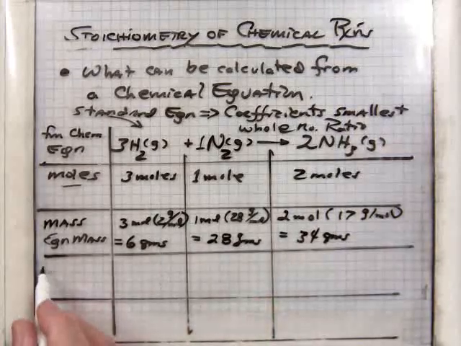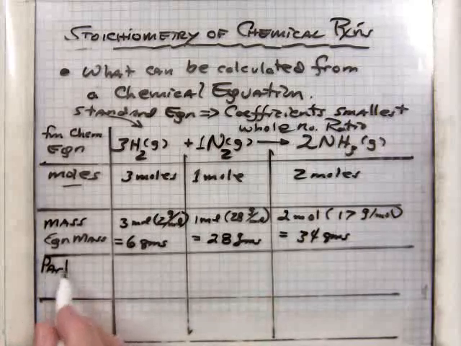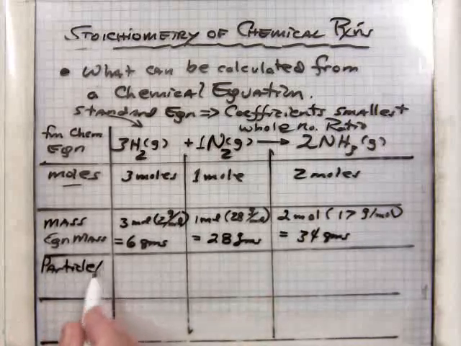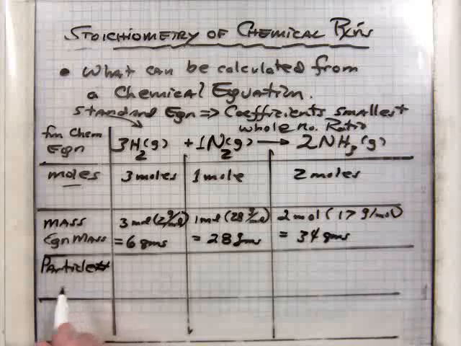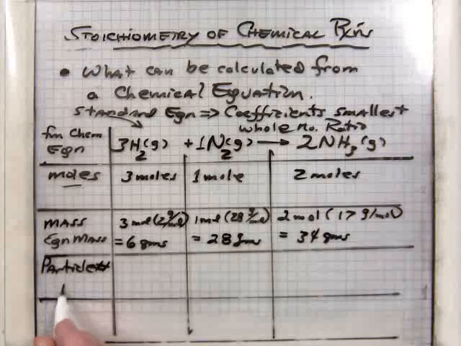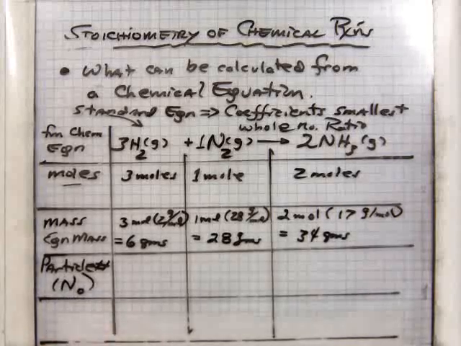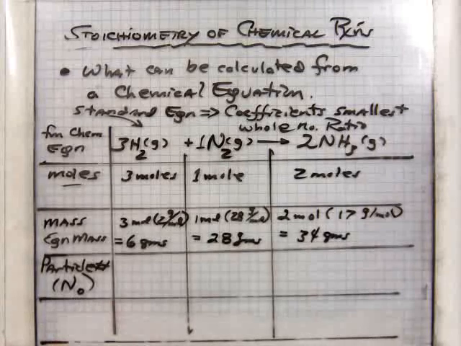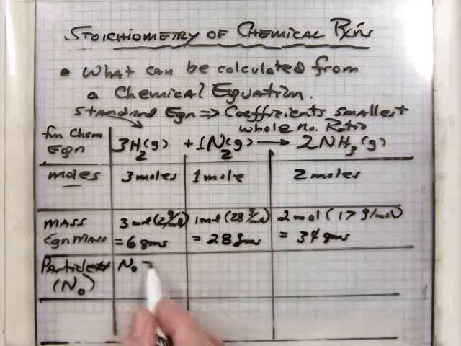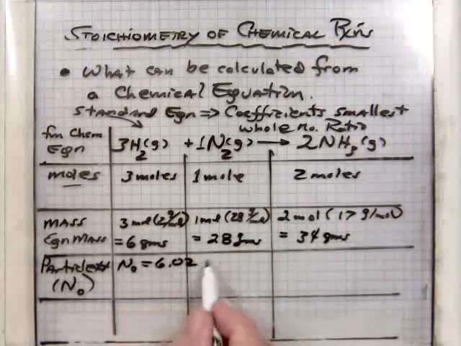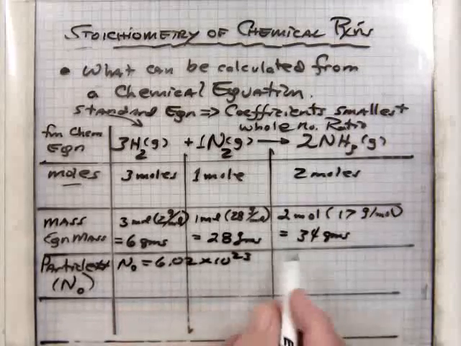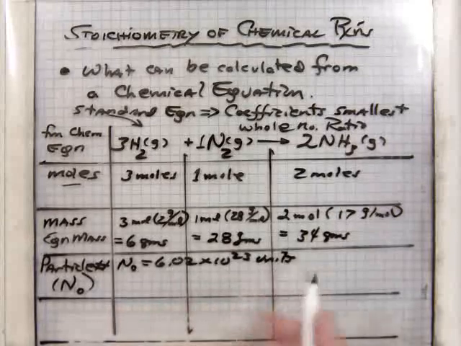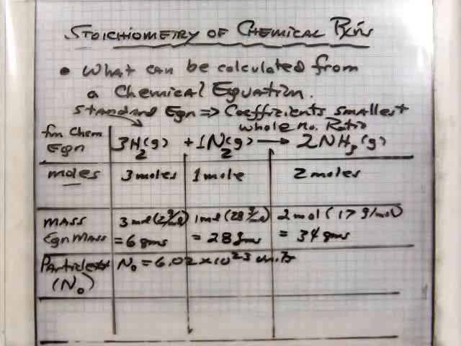Another thing you can calculate are particle numbers. And that's typically in relationship to Avogadro's number, and we use a symbol N-aught, N subscript aught, where Avogadro's number, as you know, is 6.02 times 10 to the 23rd units of whatever you're studying. In this case, molecules or atoms.